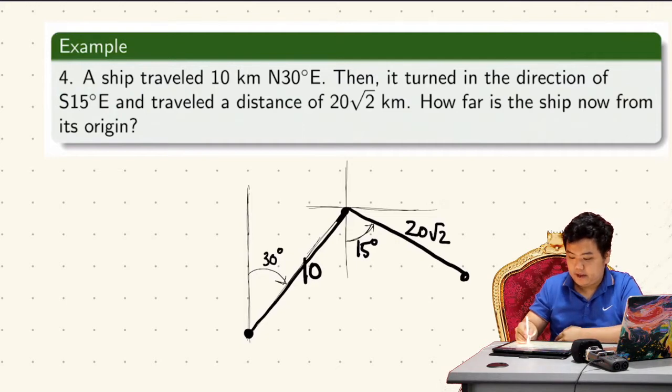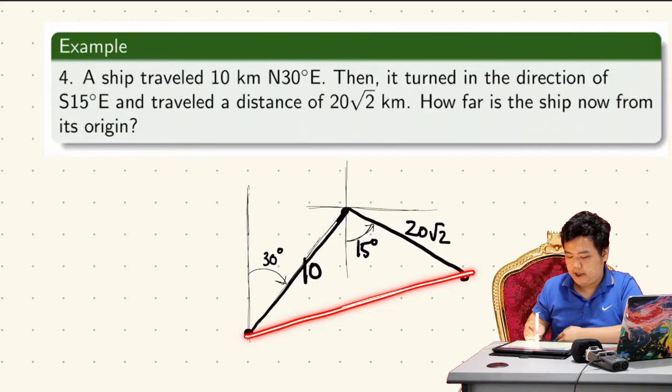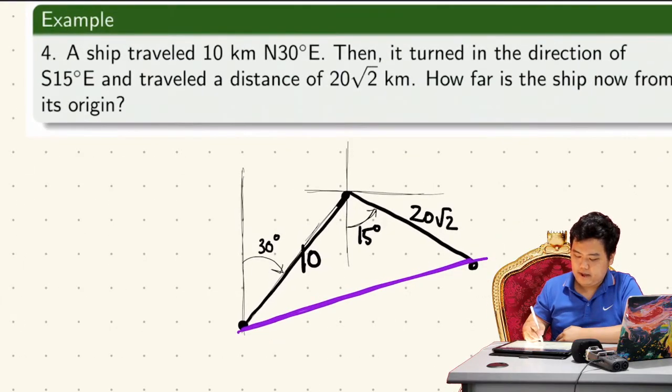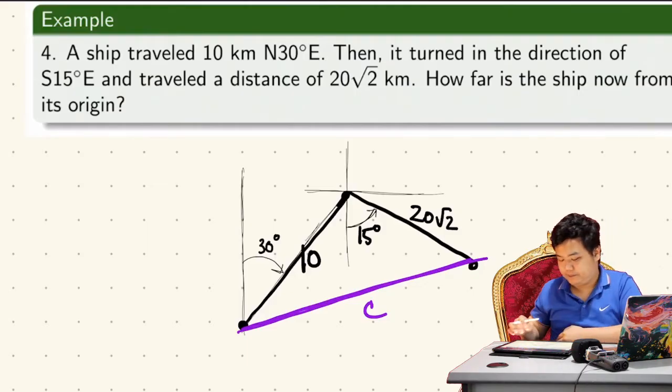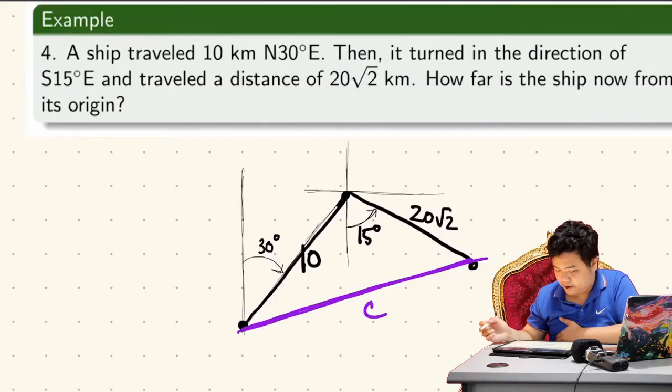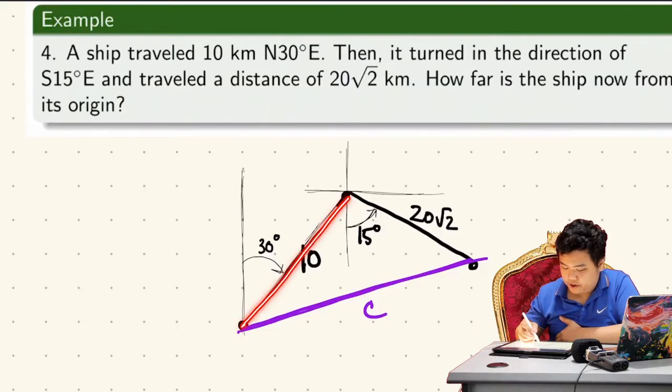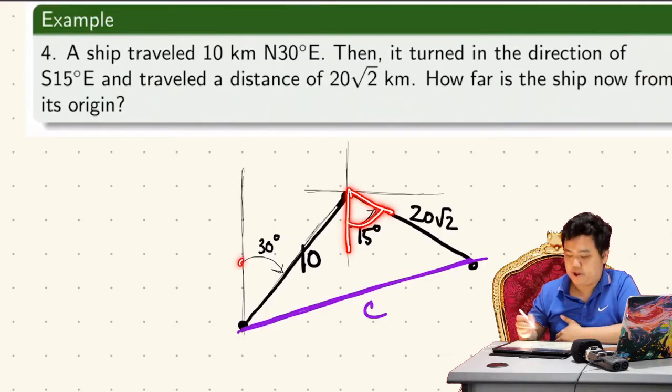So, nasan ba yung starting point niya? This is the starting point. So, gaano kahaba ito? So, let me draw that. So, yung violet yung hinahanap natin. Tago na lang natin sa pangalang C. Okay. So, binigyan tayo ng measure nito, measure nito, measure nito, and measure nito.